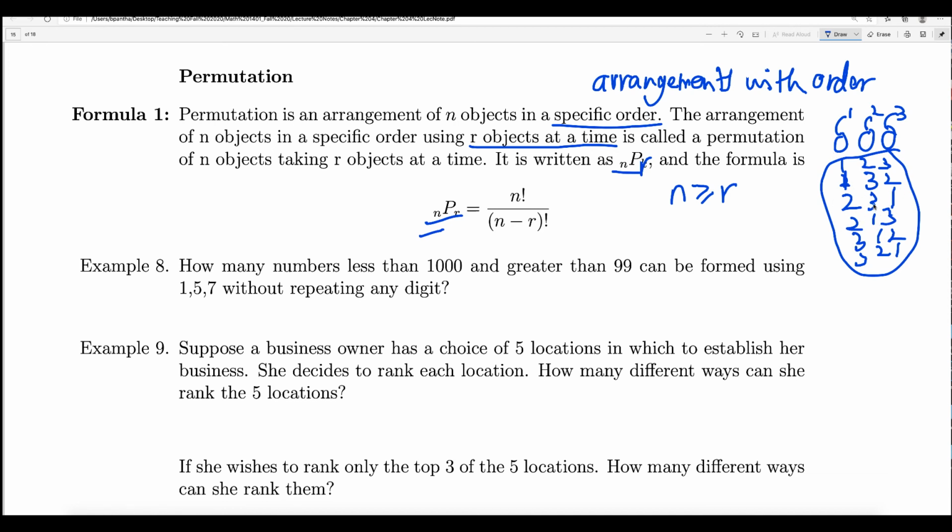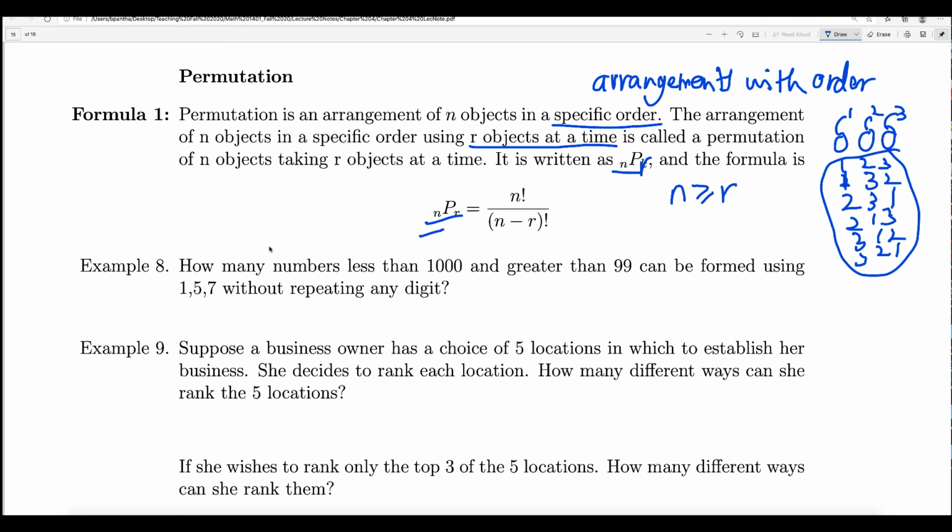That counts as just one arrangement. If you consider order, there will be 6 different arrangements. So we will consider permutation, which has order, and combination, which does not care about the order.